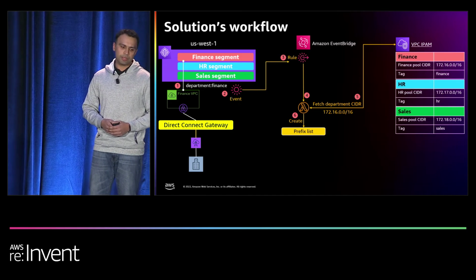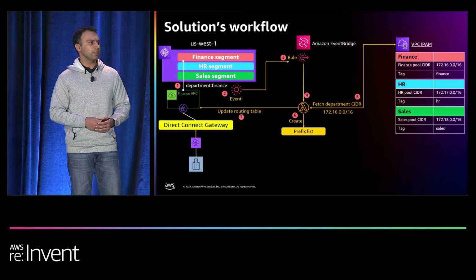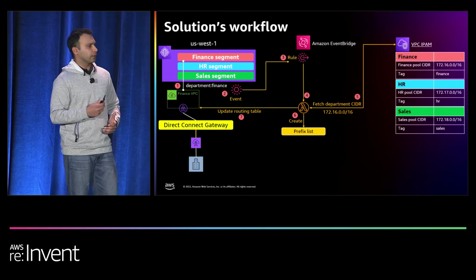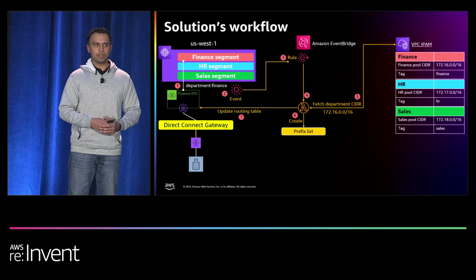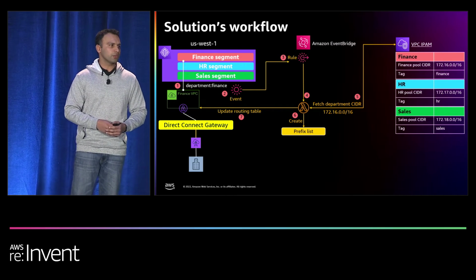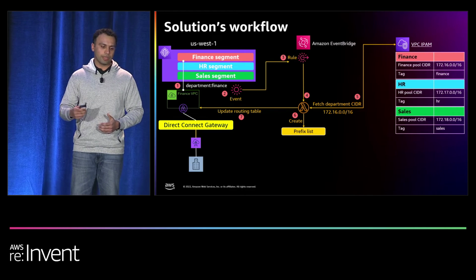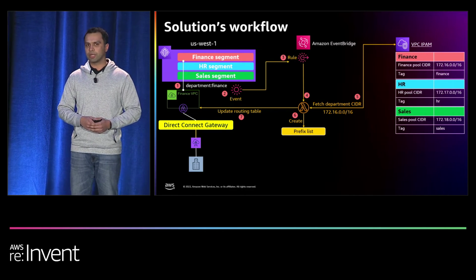Once we have a prefix list, this Lambda goes back into the VPC, and it updates the routing table of this VPC, wherein the destination of the route is the prefix list, and the target or the next hop is the Cloud WAN core network.